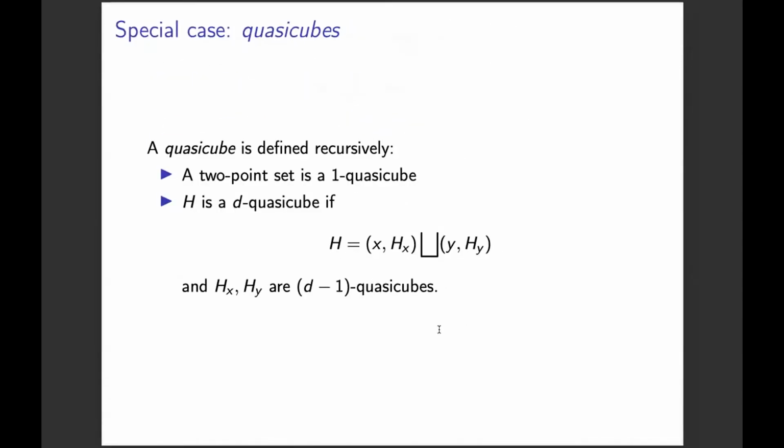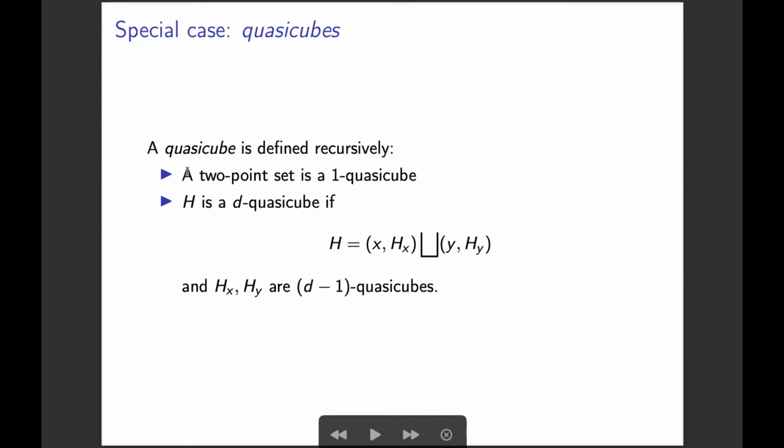Which actually suggests that we can generalize the hypercube situation to what we call the quasicube. The quasicube is basically the same as a hypercube, but each time the slices are just two-point sets, right? So you can define it in a recursive way.